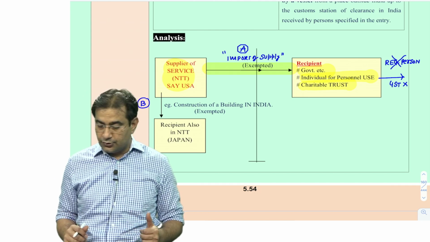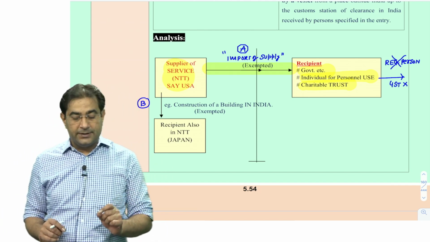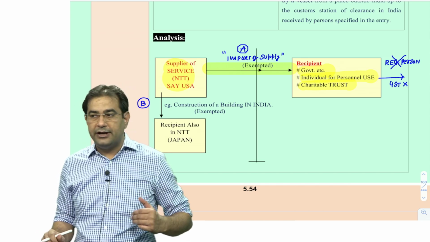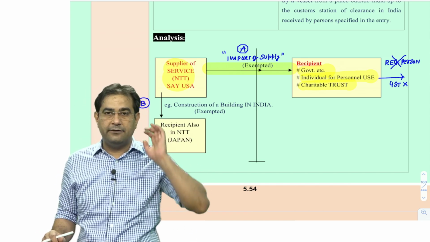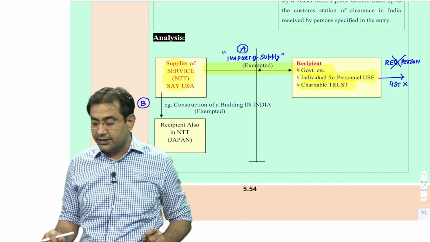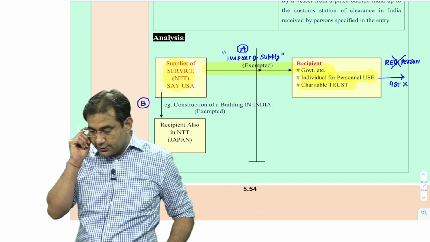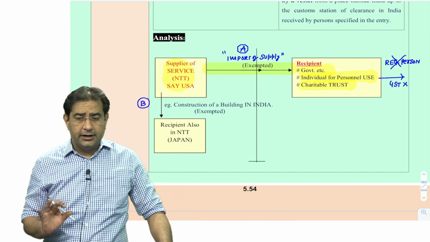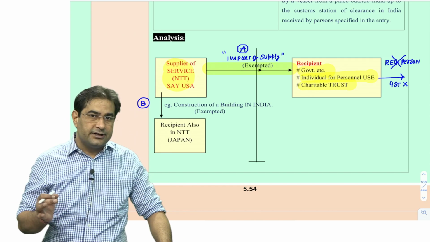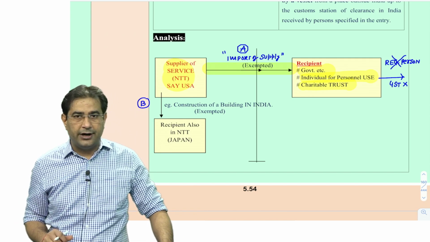Government departments, okay sir. Individual for personal use, okay sir, no issue at all. Charitable trust, we know very well, charitable activities conducted by a recognized charitable trust are exempted from GST. So it is quite clear that due to their own activities, these are not required to get registered themselves.